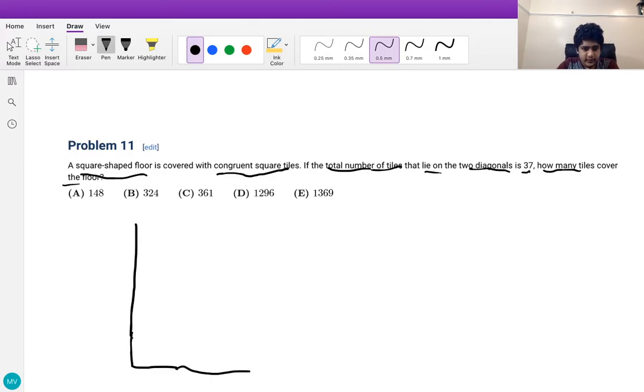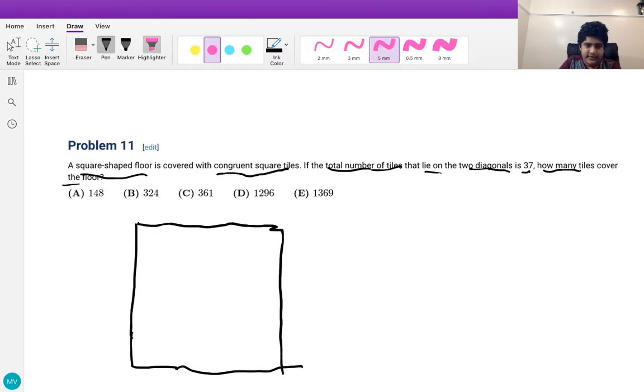It's a square. And here is the diagonal in red. And the smaller tiles will be represented by blue.